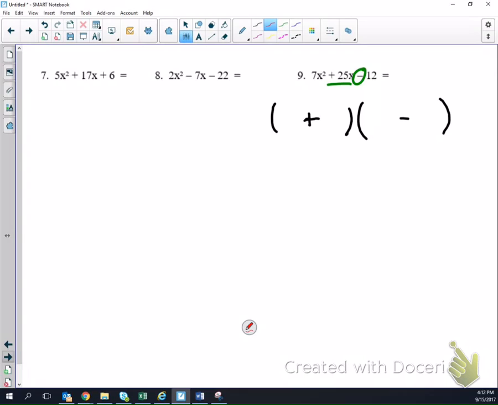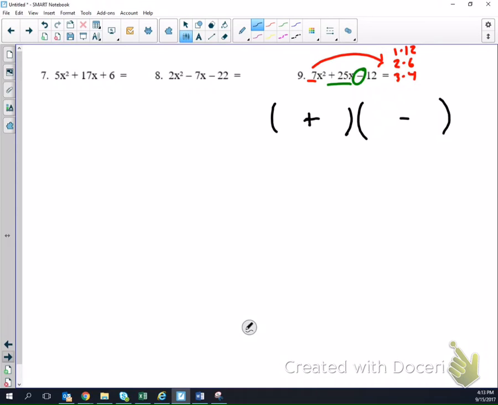I need my factors of 12. So 1 and 12, 2 and 6, 3 and 4. I also know that I'm going to be multiplying one of them by 7. 7 is prime, so it's really the only number that we're going to be using here. It's not composite.